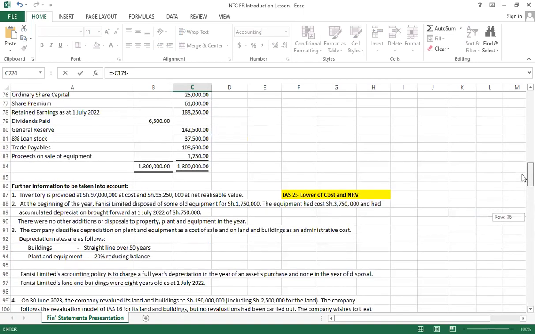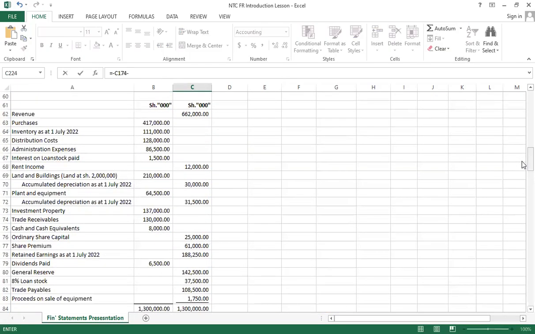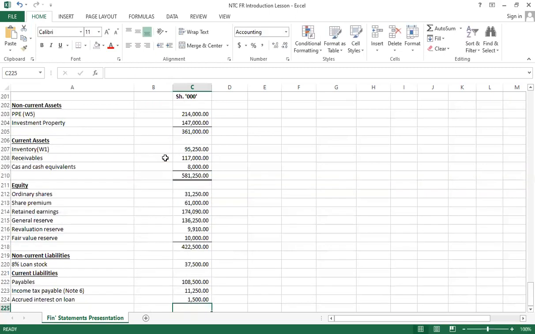For what we have paid, you go back to the trial balance. Somewhere, item number 6, there was interest on loan stock paid. We paid 1,500. So if the total expense was 3,000 and we paid 1,500, it means we have not yet paid the other half, which is also 1,500.